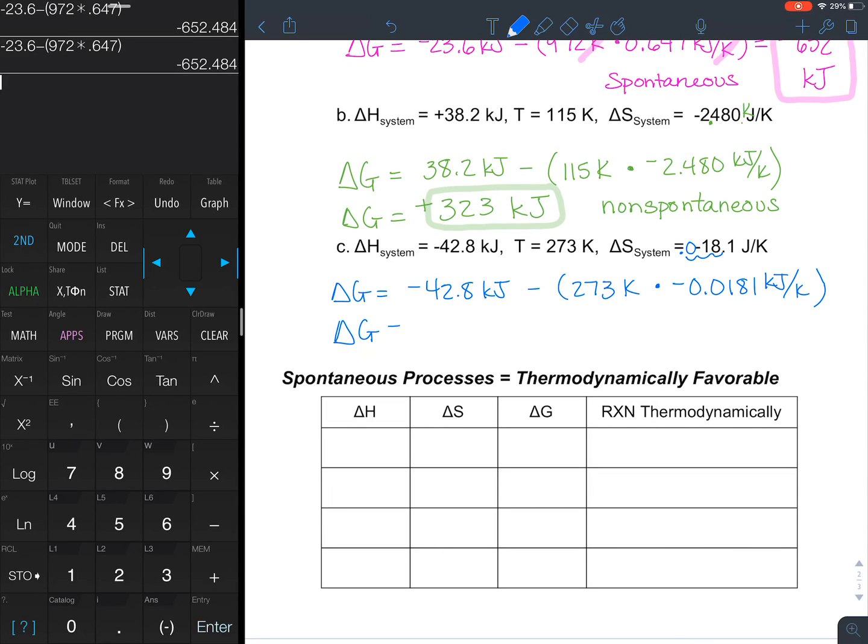And our delta G for this one is going to be another positive value, 286 kilojoules. Since it is positive, this one is non-spontaneous.